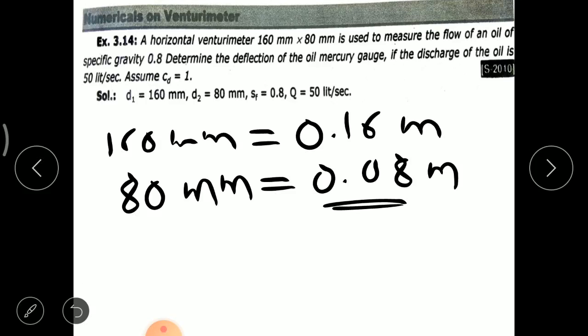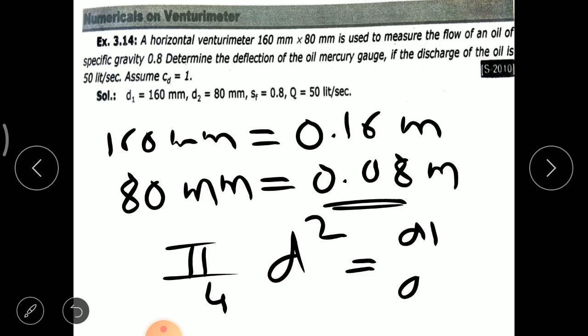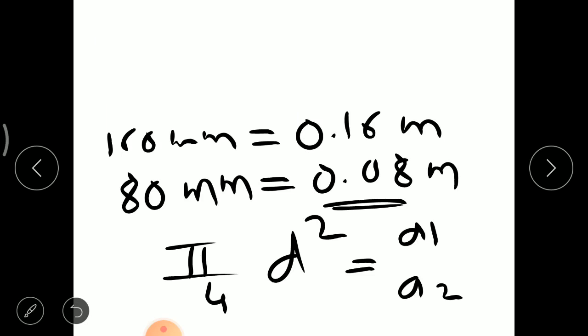Put these values in the equation pi by 4 d square and you will get A1 equal to 0.021 meter square and A2 equal to 0.005 meter square.